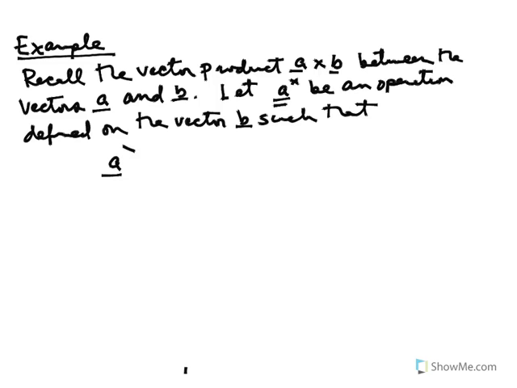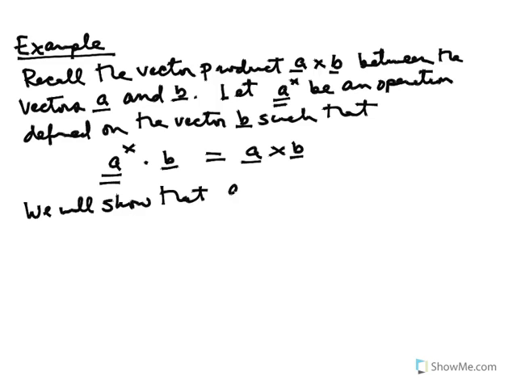It's a superscript. It's A cross operated on B is equal to A cross B. What we're going to do is show that this operation A cross is a tensor. So how do we do that?